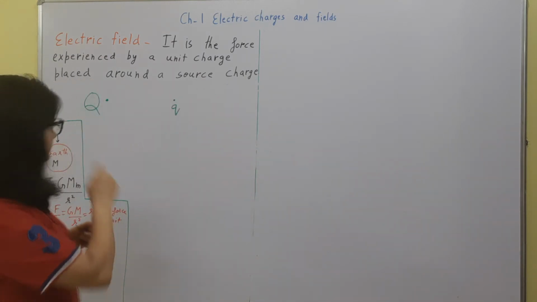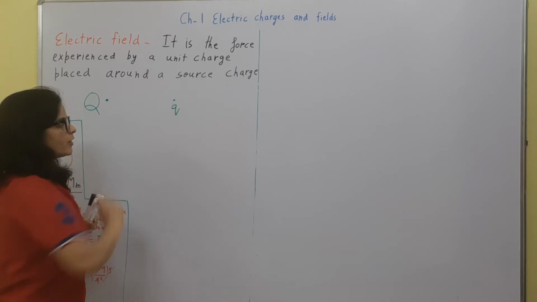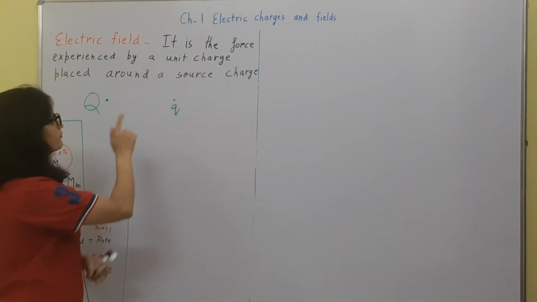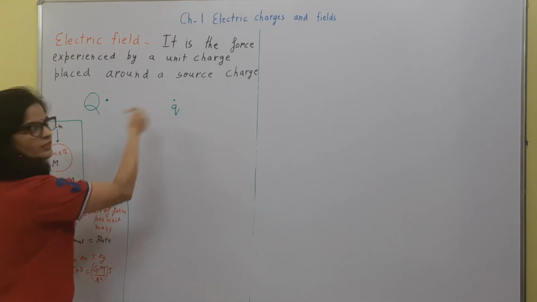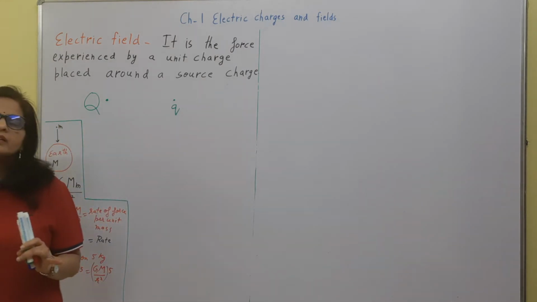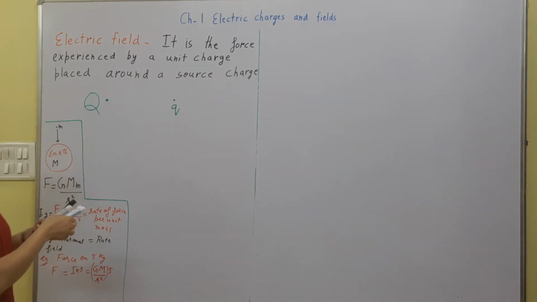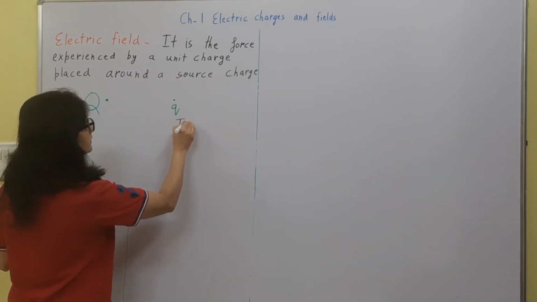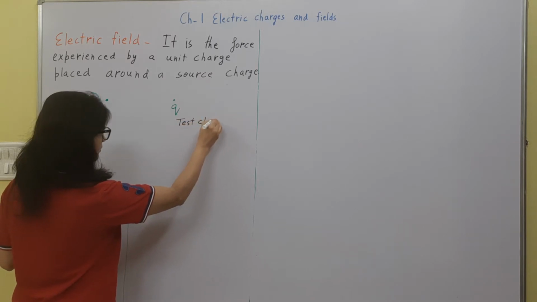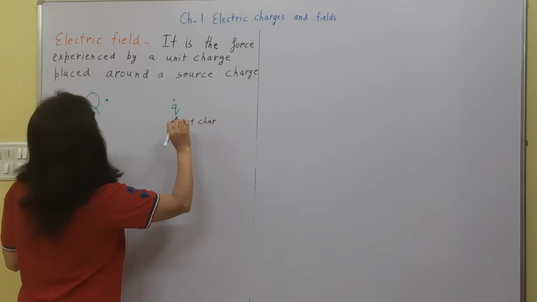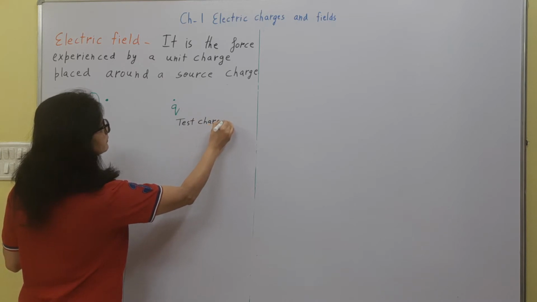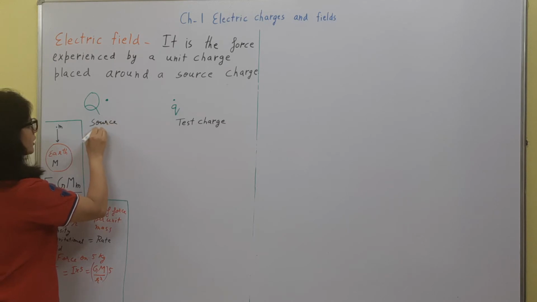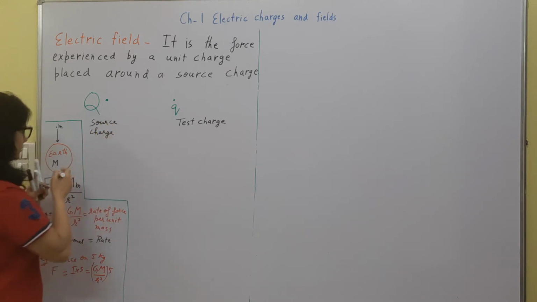So for this, if this is a positive charge, then this will experience a repulsive force. If this is a negative charge, it will experience an attractive force, right? So here, this can be called the test charge, and this can be called the source charge, right?